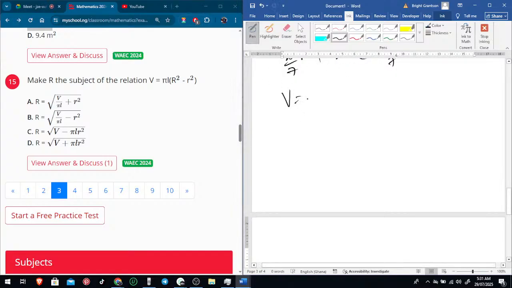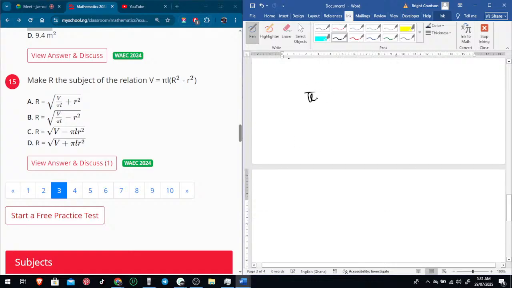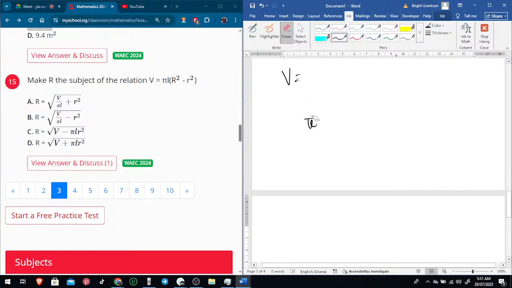So we have V equals pi L, R square minus what? R square. You are making capital R the subject. So move all of these ones to the other side. It becomes division.